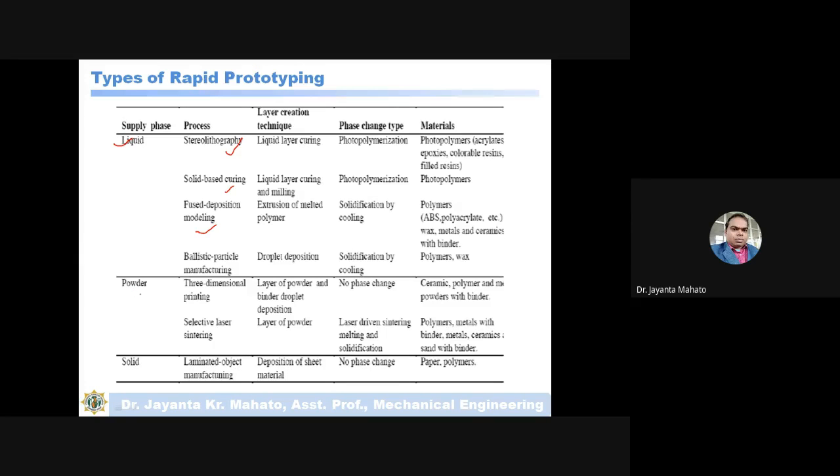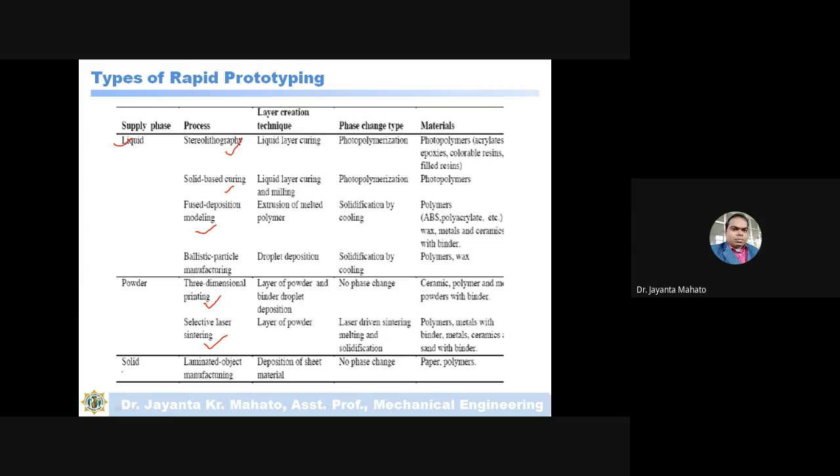In case of powder material, three-dimensional printing, selective laser sintering. So these are actually rapid prototyping processes. If the supply material is powder, then these processes can be involved, like three-dimensional printing, 3D printing, or selective laser sintering.